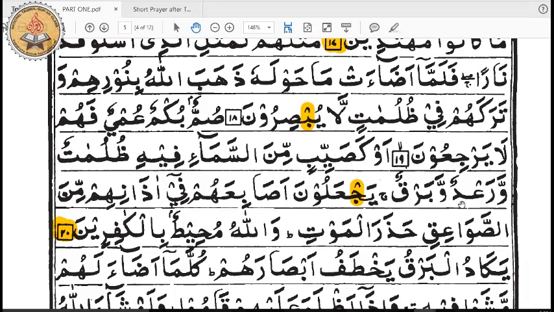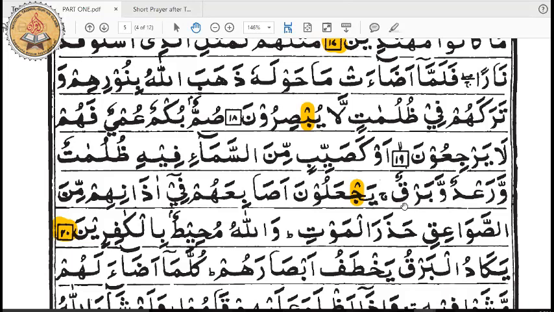What you want to do is produce a slight nasal sound in your nose when you're joining the dal to the waw. Dunwa. Okay, well done. But keep practicing now, okay? So let's move on to the next one.